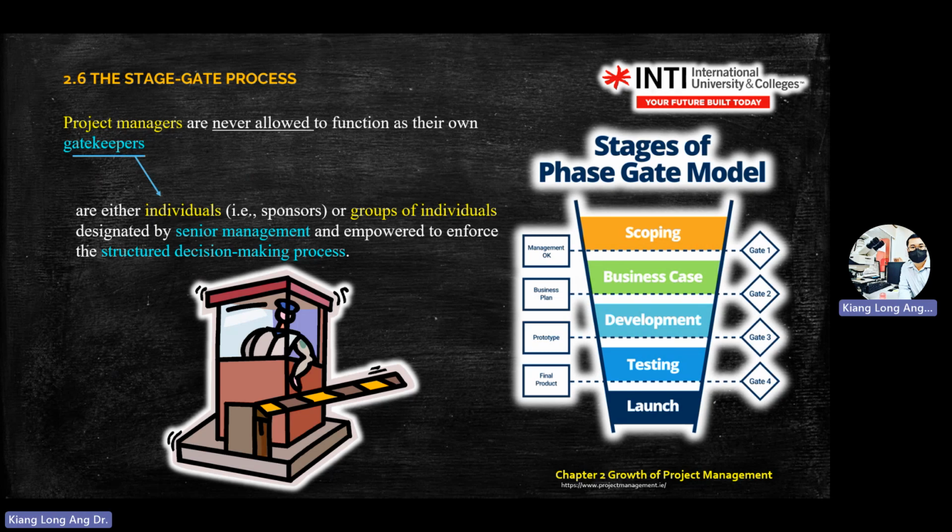It means the project manager is not the one who stays at the gate to say whether it can go or no go. You can give advice, but if you as manager fall as a gatekeeper, then maybe there will be a conflict of interest.